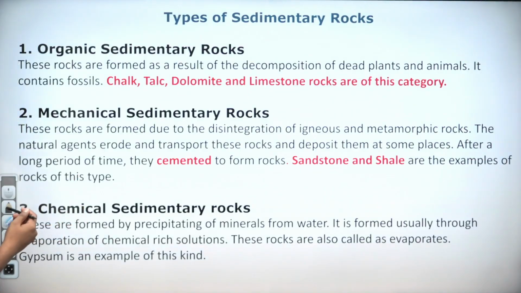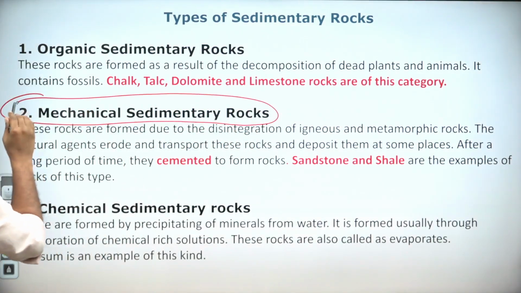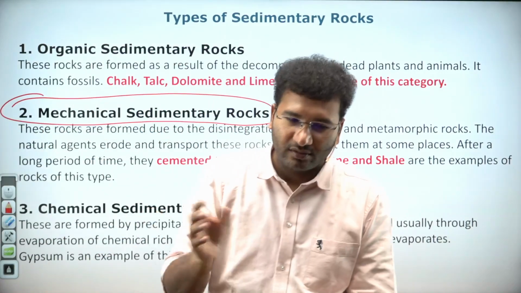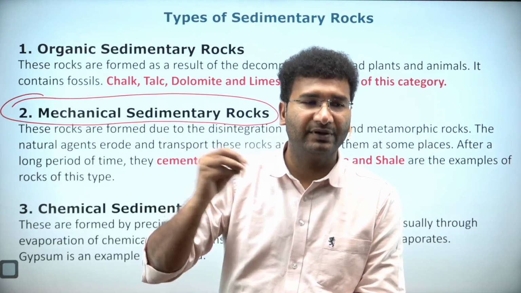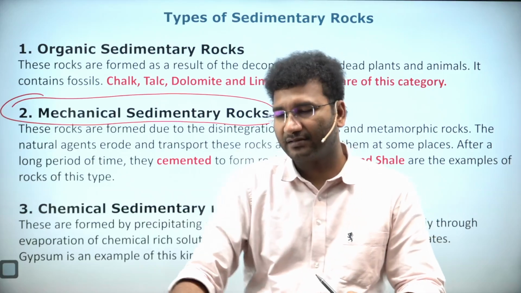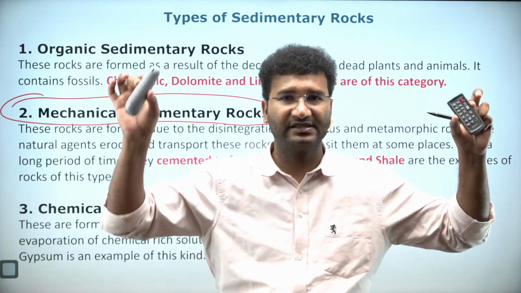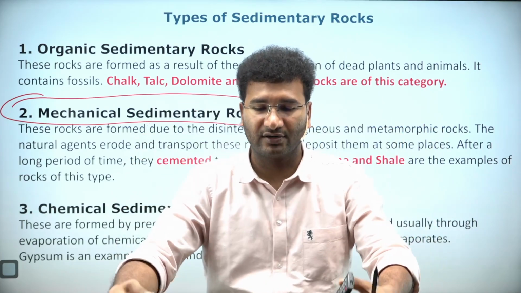What do you mean by mechanical sedimentary rock? See, mechanically sedimented rocks are formed when, on a particular rock, you start to keep layer upon layer and they get cemented. Imagine this remote is an X type of igneous rock, this is another igneous rock, and my keyboard is another igneous rock.